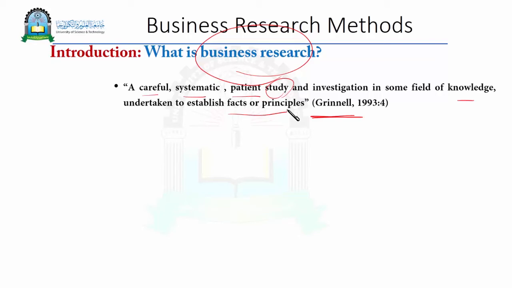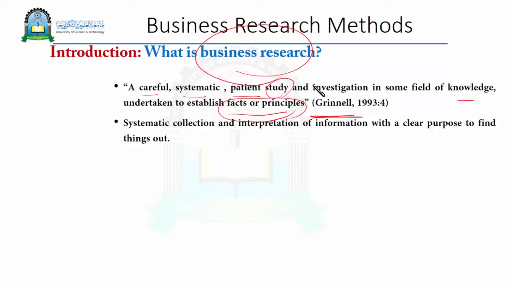So it comes up with a contribution, which is facts and principles. That's why a lot of researchers say research comes up with some ideas, but these ideas or solutions or findings must be closer to the truth. So after the research, they are going to be facts and principles.